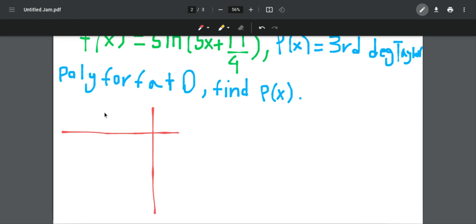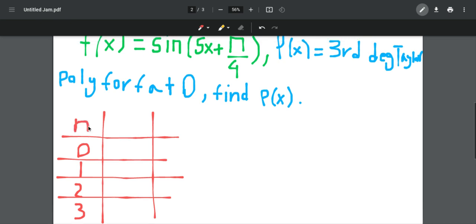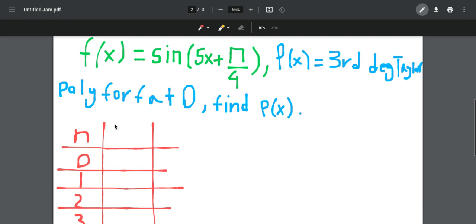So here we create a table, and we make one because we need the third degree. This is 0, this is 1, this is second degree, and this is a third degree polynomial, and we call this n, which is the number of degrees.